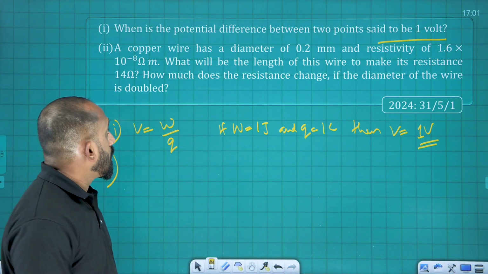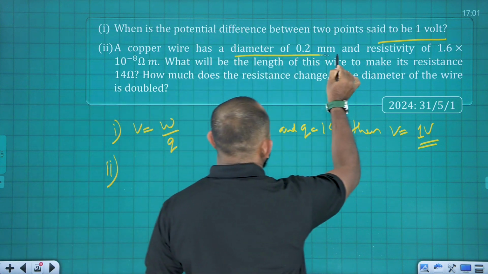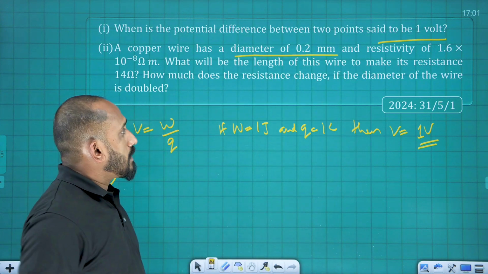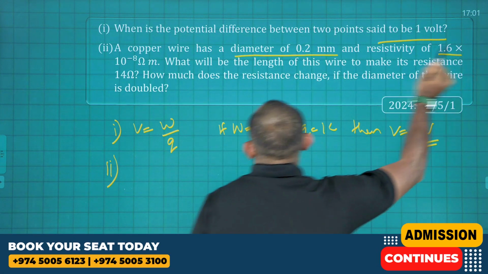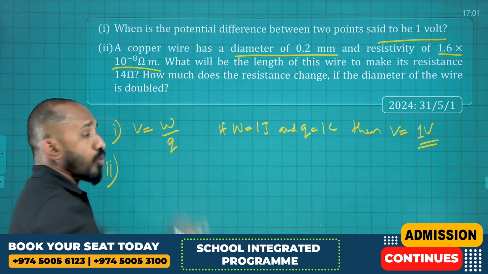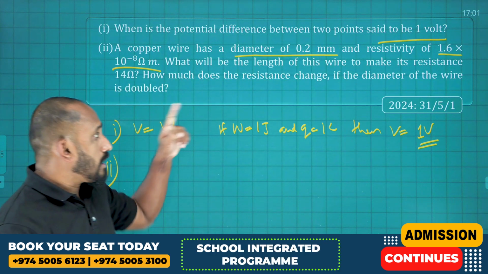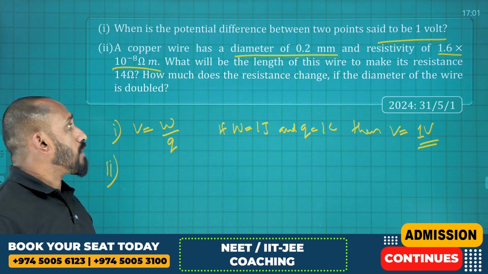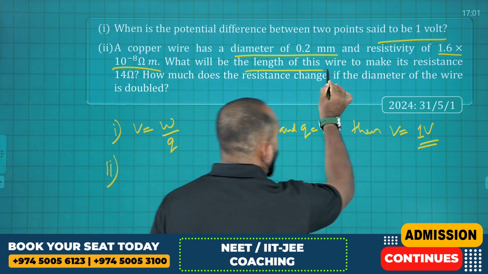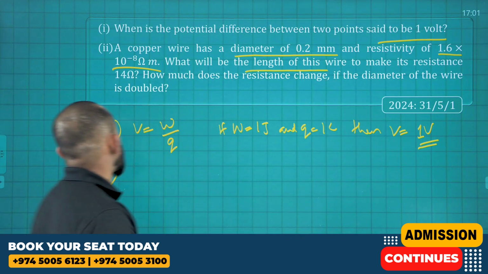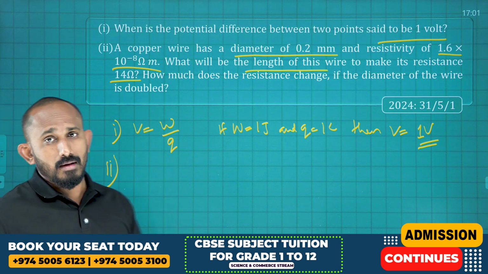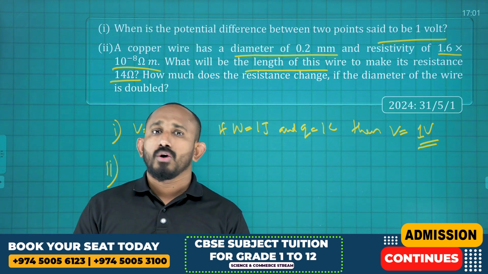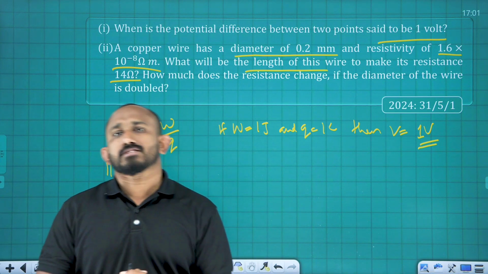A copper wire has a diameter of 0.2 millimeter and a resistivity of 1.6 into 10 to the minus 8 ohm meter. So diameter is given and resistivity is given. What will be the length of this wire to make its resistance 14 ohm? That's the question.